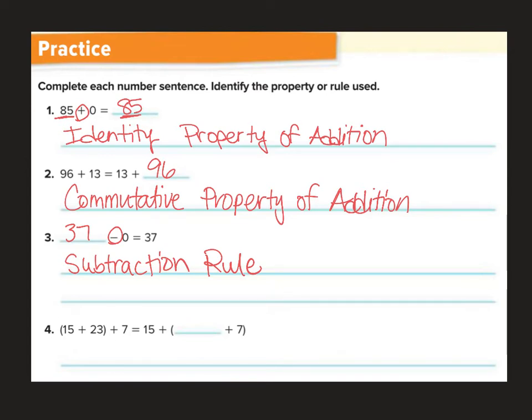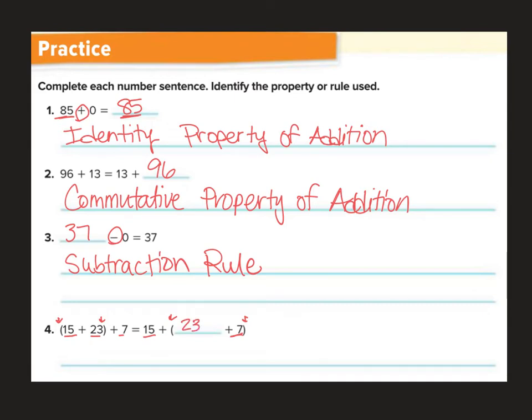Okay, now here's the dead giveaway one. Look at these grouping symbols. What's the property with the grouping symbols? Well, here we go. Let's figure it out first. We've got 15, 23, and 7. 15 blank and 7. What number am I missing? Missing 23.